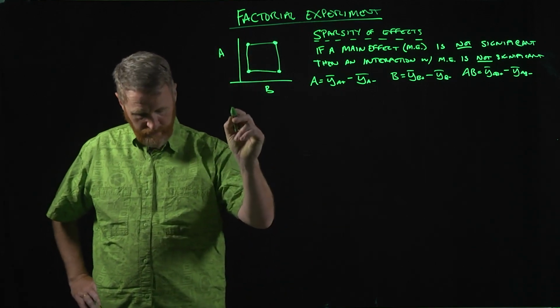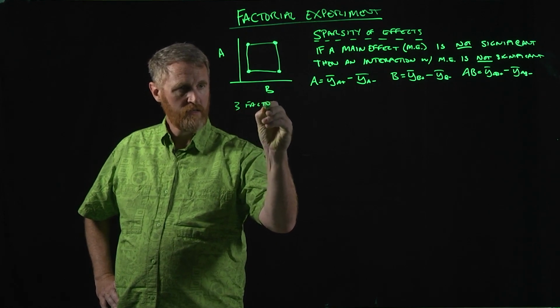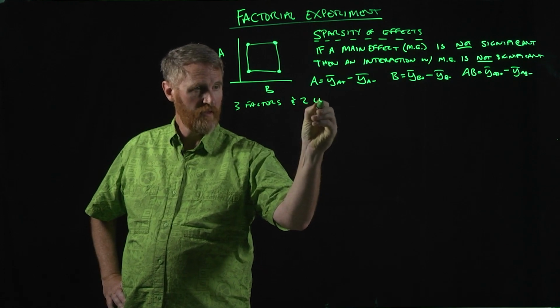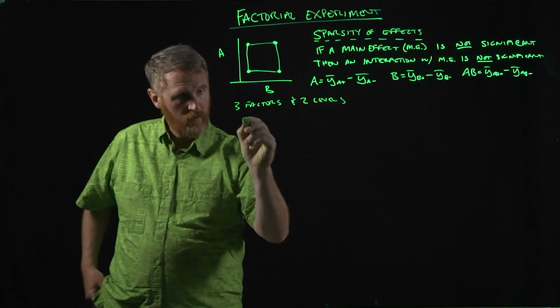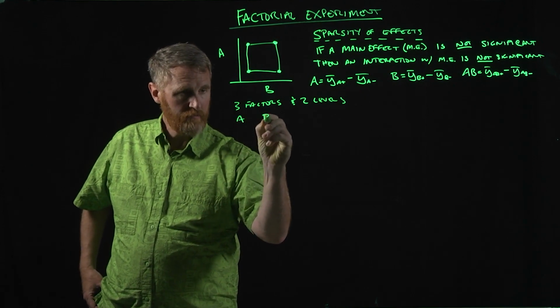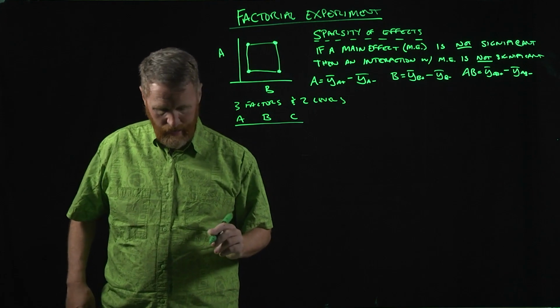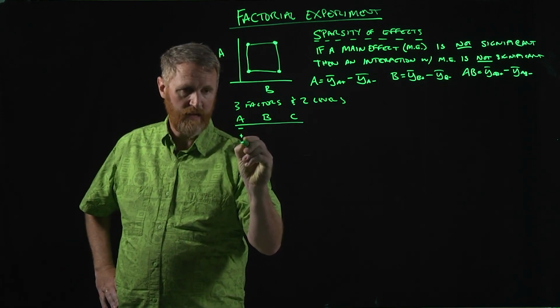So let me make a table. If I have three factors and two levels, then what I can do is write out my factors A, B, C, okay? And I can look at all the combinations. So I'm going to have a negative, positive, negative, positive.